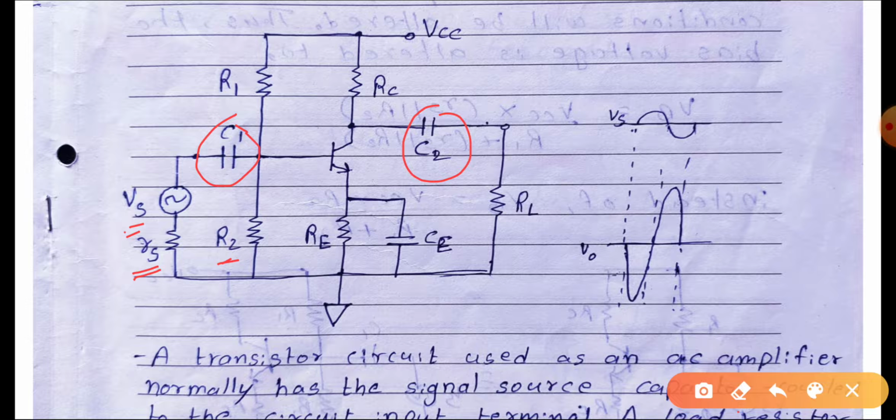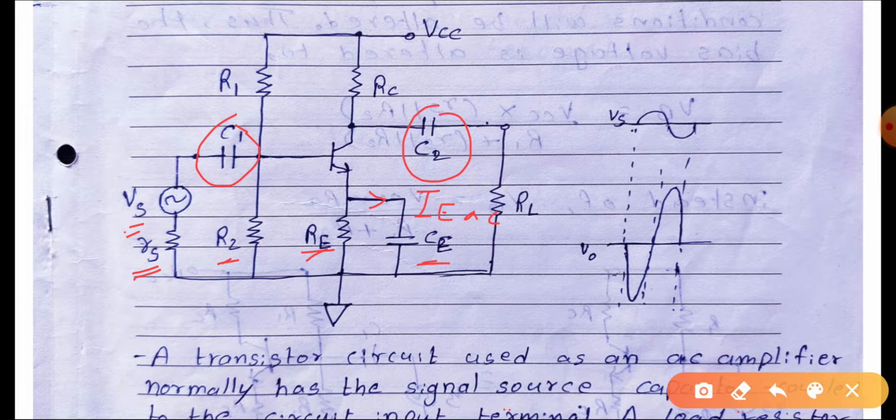Now we'll move to the emitter bypass capacitor. The emitter bypass capacitor is used to bypass the amplified AC current, so you can say IE AC, through this capacitor, because when CE is not used, the emitter current, which is both DC and AC, will flow through this RE resistor.